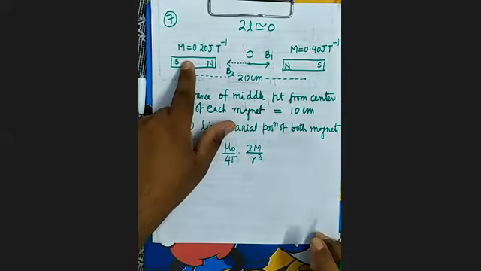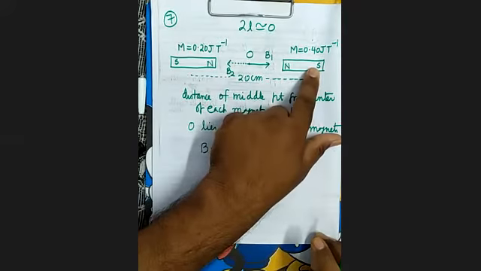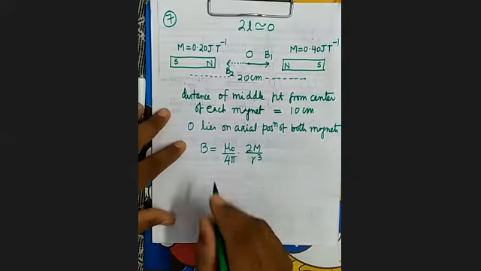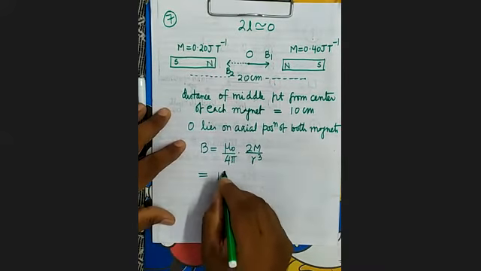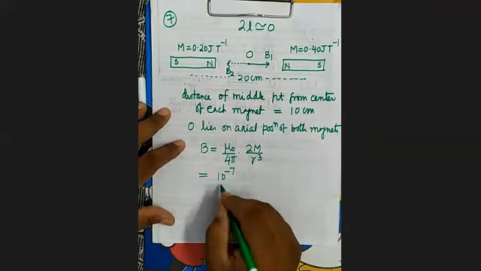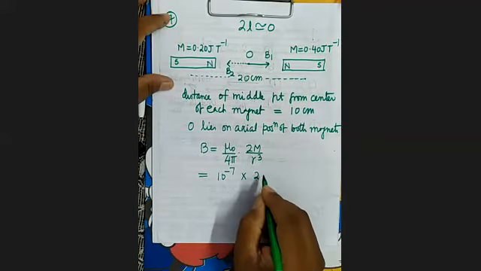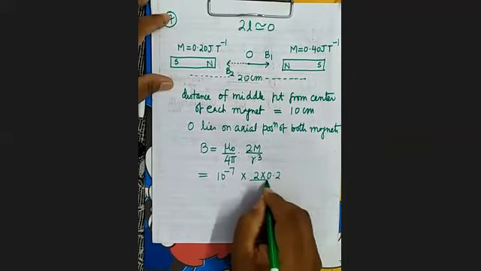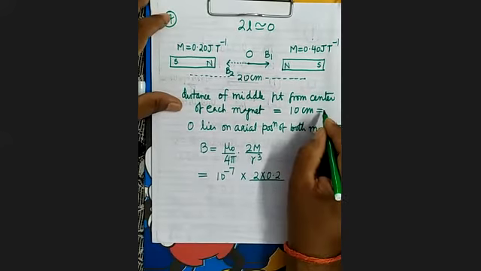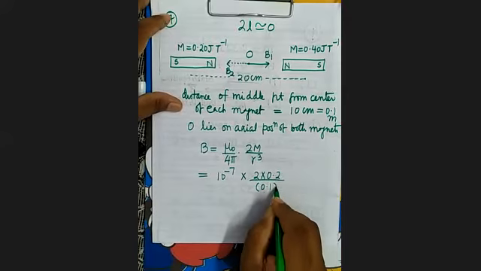So whatever value of magnetic field comes from this one, twice that will come from the other, because the other things are the same, the distance is the same. What is mu naught upon 4 pi? 10 to the power minus 7. All of you remember that the value of mu naught upon 4 pi is 10 to the power minus 7. This is 2 into 0.2 divided by 10 centimeter, which you can write as 0.1 meter, that is 0.1 whole square.